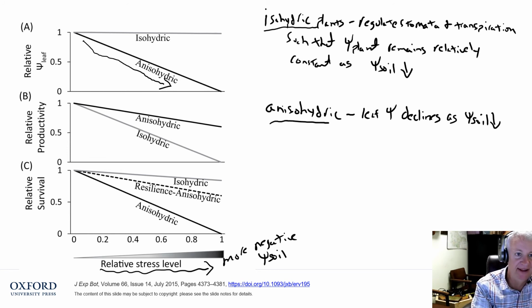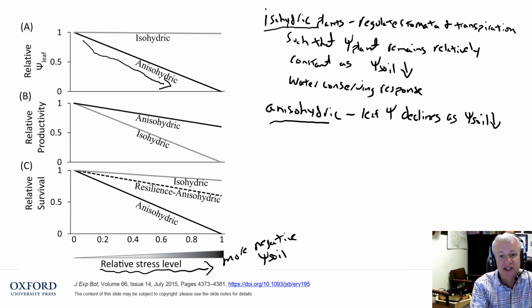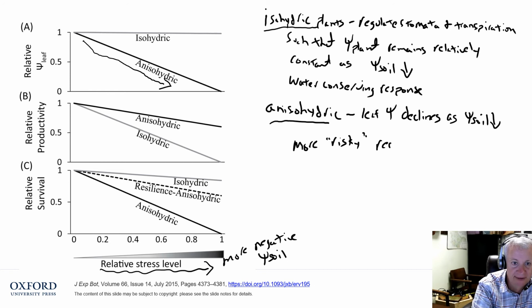Broadly, we can think of isohydric as basically a water conserving response, where stomata are closing as the environment is becoming drier and water potential is regulated at the same level, versus anisohydric, where you can think of this as a more risky response to drying.